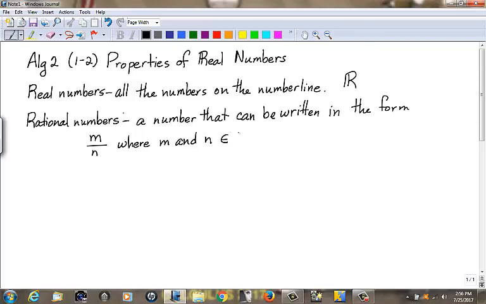Epsilon is read as "is an element of." M and N are elements of the set of integers. They use the brace. It stands for the set of integers.